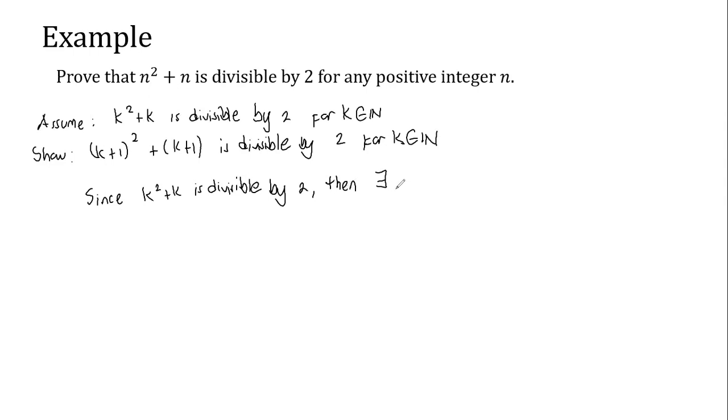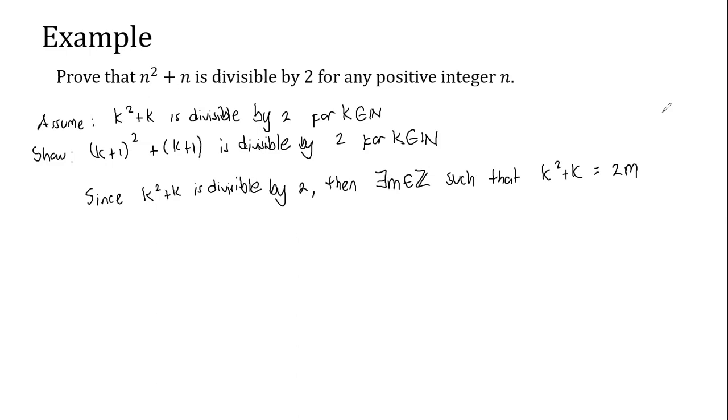So may mag-e-exist na integer m or natural number m. So let's make it integer to be sure. Okay. That such that k squared plus k is equal to 2m.